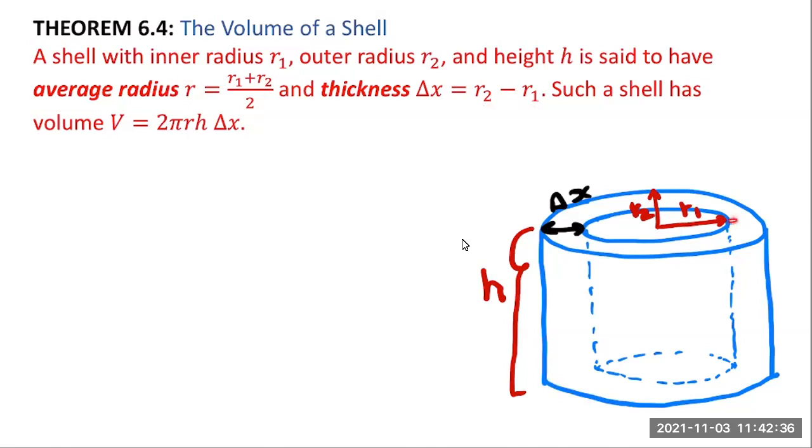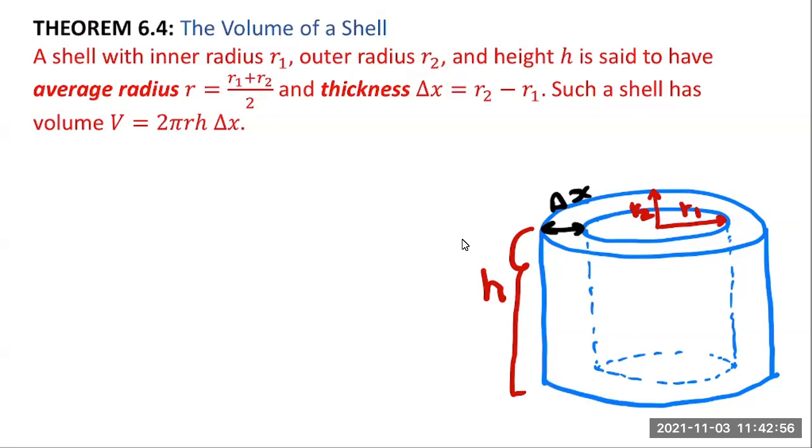That is simply this length, the thickness of the shell. Because this is R2, this is R1, R2 minus R1 is just the thickness of this shell. That is what we denote by delta x.